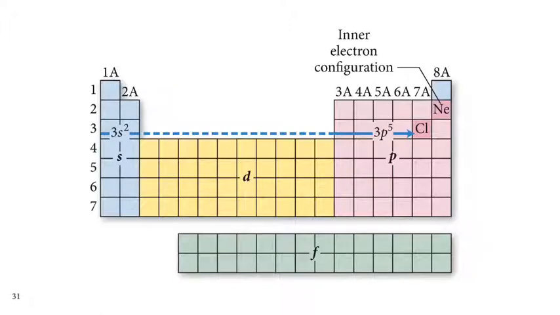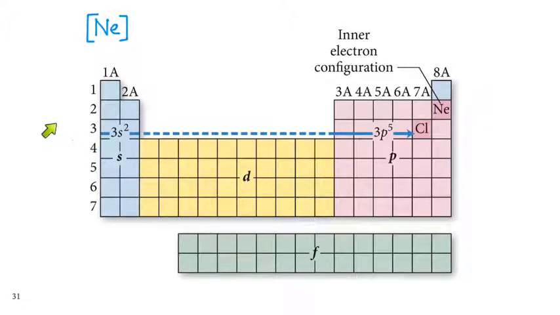If we're going to do chlorine, we find chlorine on the periodic table. To do the noble gas configuration, we go up to the previous row and find the noble gas that's there. It's neon, so we can call this neon, put brackets around it. That means the electron configuration of neon, and now we're just going to add on the stuff that comes after neon.